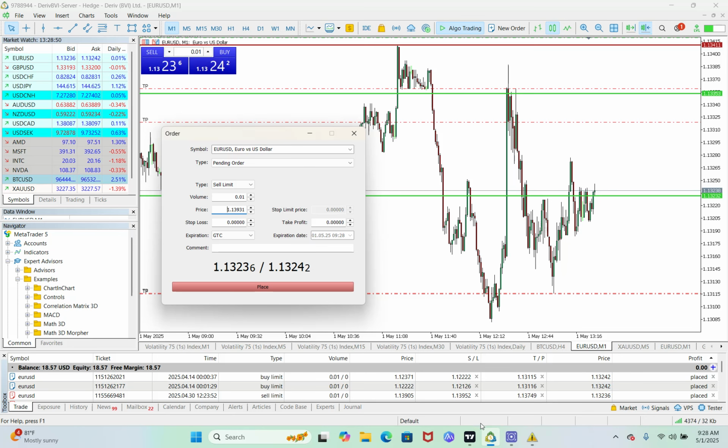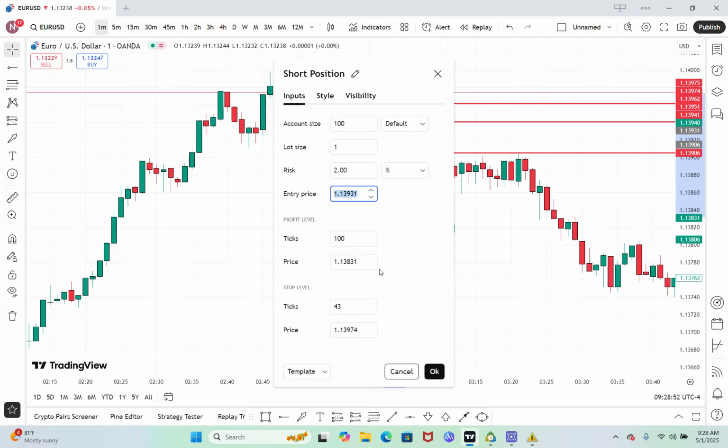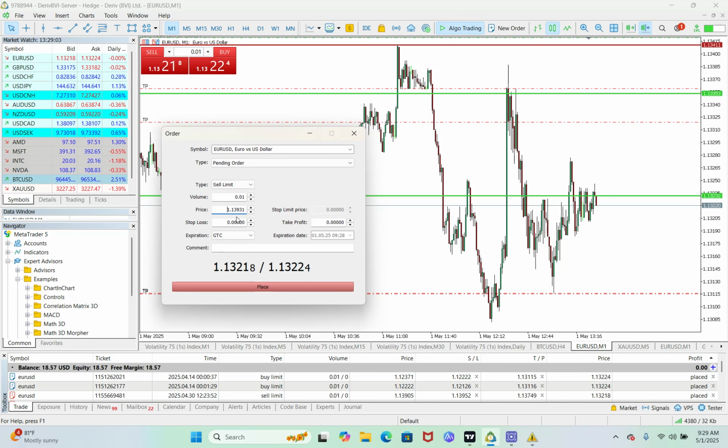during the New York session and the London session, because that's where most of the big bucks start pouring into the market.